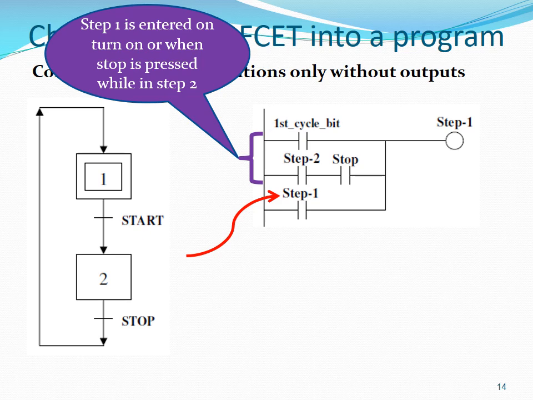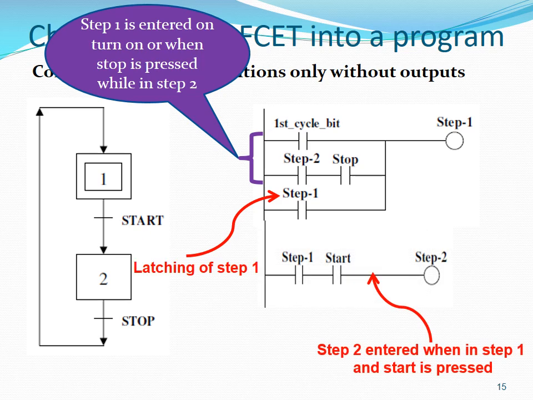When we are in step 2, these contacts will be closed. When the stop button is pressed, the path becomes a closed path, resulting in the output step 1 being energized. The third line is for latching the output step 1. This ensures that we remain in step 1 even after the first cycle bit has gone or after the stop button has been released.